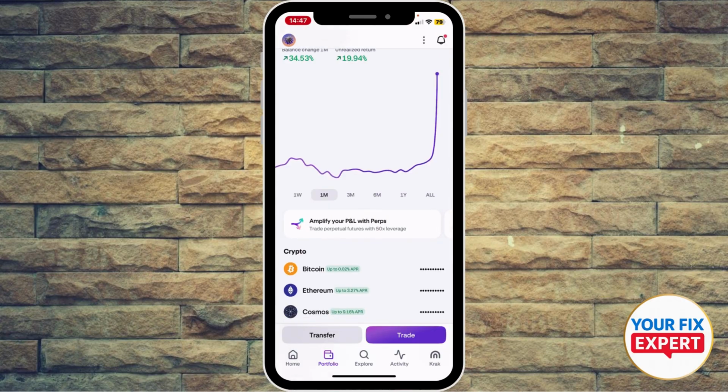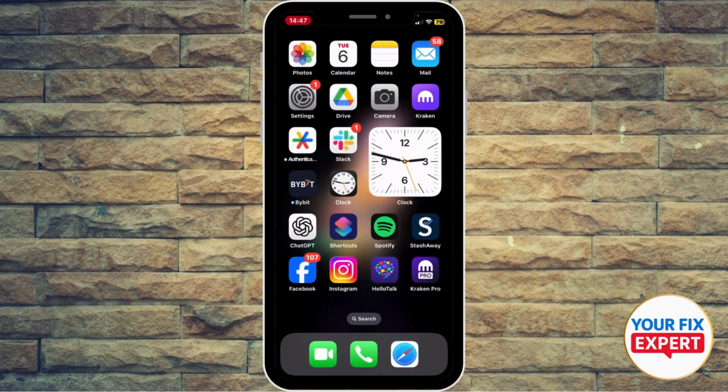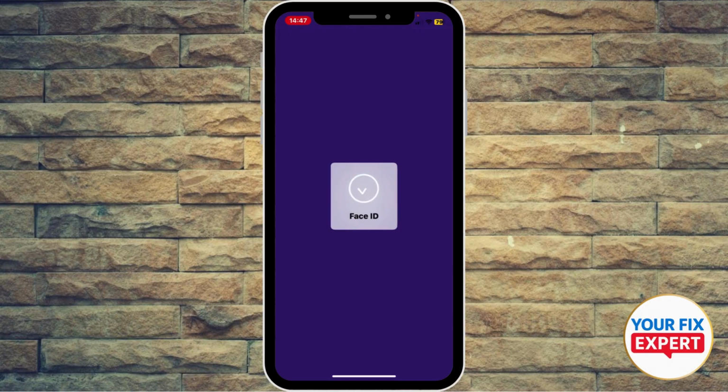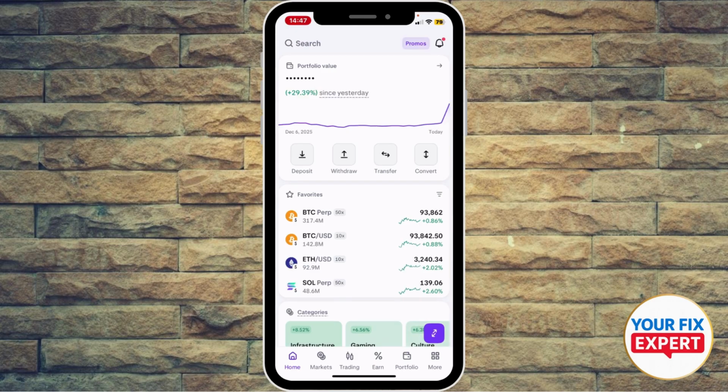If you want to trade actively, you could just go back to your screen and download Kraken Pro and enter the same credentials that you did before. Same password, same email, and you will be taken to the trading platform, where you can go and trade however you want.